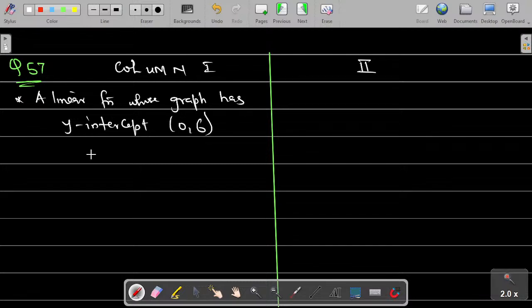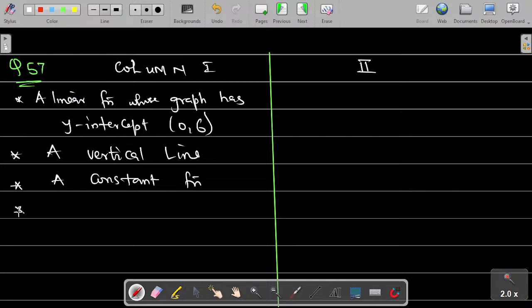Then the second thing they wrote there is a vertical line. A vertical line. And the next thing they wrote there is a constant function. A constant function.